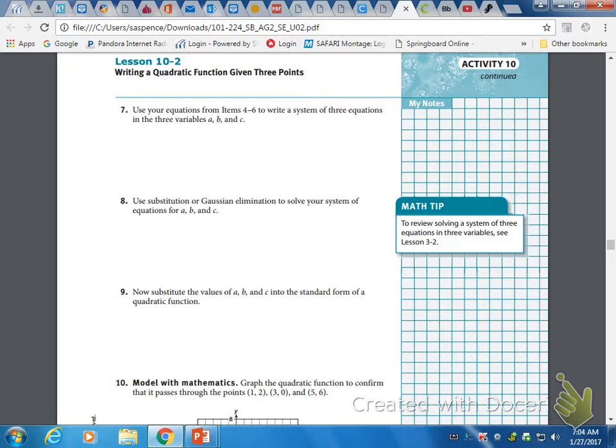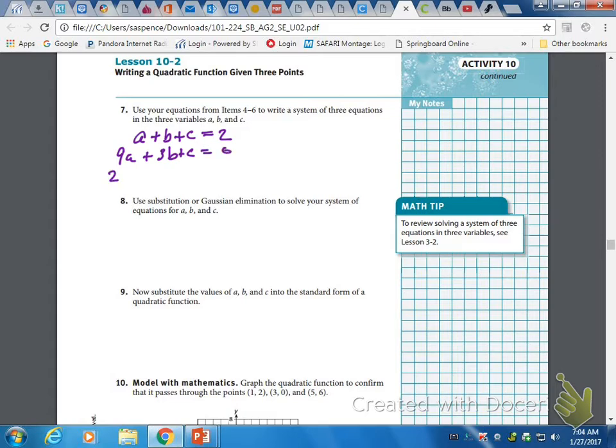On number 7, we are going to put all those together. So our first one was a plus b plus c equal to the 2. Our second equation was 9a plus 3b plus c equal to 0.